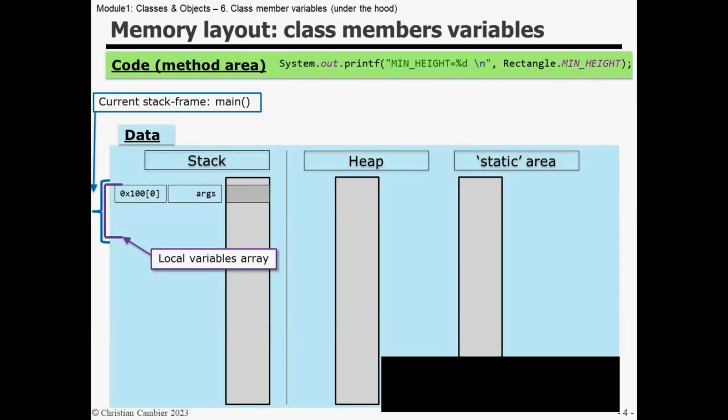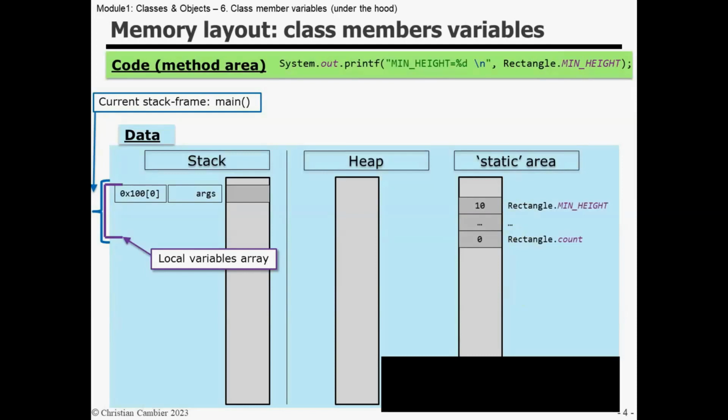This printf statement uses the minimum height static class member variable of the rectangle class. Since this is the first time something of the rectangle class is being used at runtime, all the static variables belonging to the class will be allocated in the static area. That involves, I don't display them all, the minimum x, y, height, width, and the maximums I used in the hands-on video.